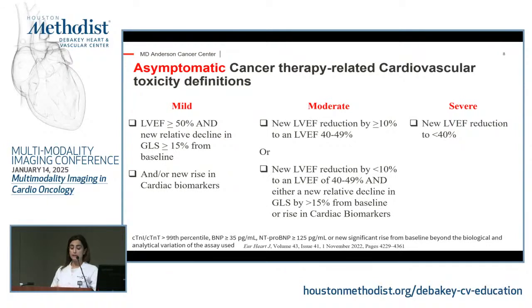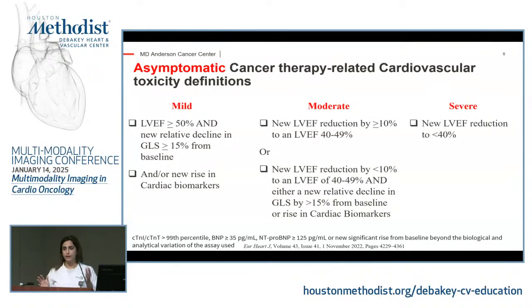because it's really important and it's heavily dependent on cardiovascular imaging. The asymptomatic cancer therapy-related cardiovascular toxicities are pretty much an echo-based diagnosis. So in the mild range, those are the new changes in LVEF to an EF greater than 50%, still low normal, with a new relative decline in GLS greater than 15%, and/or a rise in biomarkers.